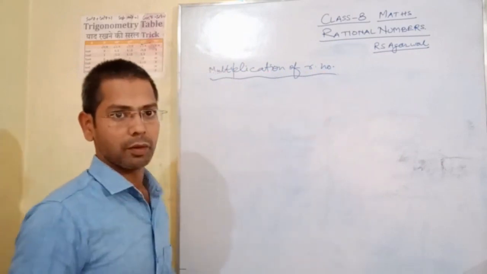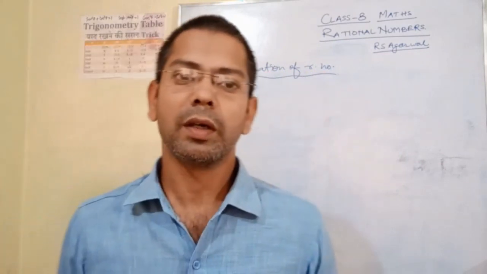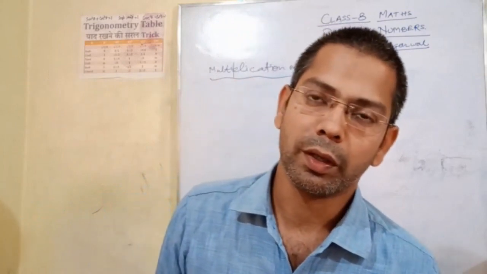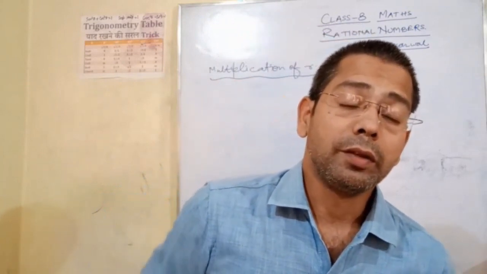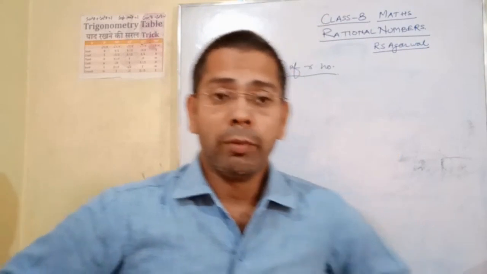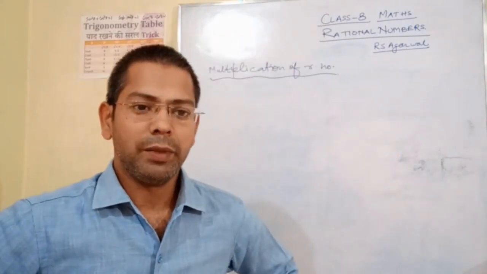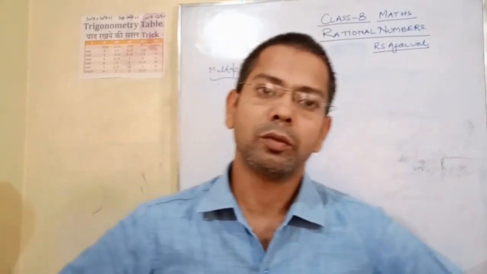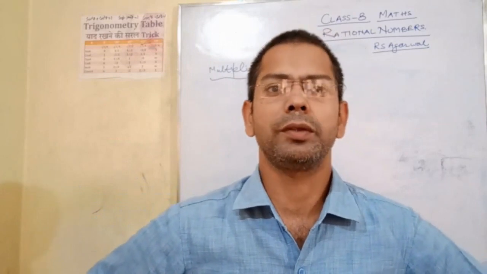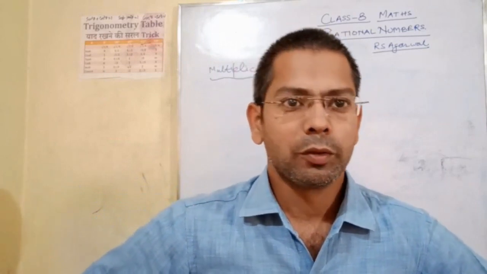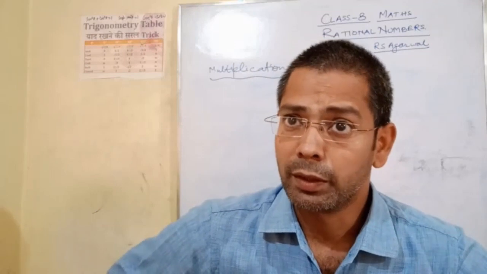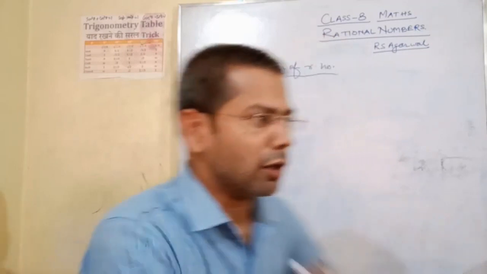Multiplication of rational numbers. Let two rational numbers be a upon b and c upon d, where a and c are the numerators and b and d are the denominators. When a upon b and c upon d are multiplied, a and c multiply in the numerator and b and d multiply in the denominator.